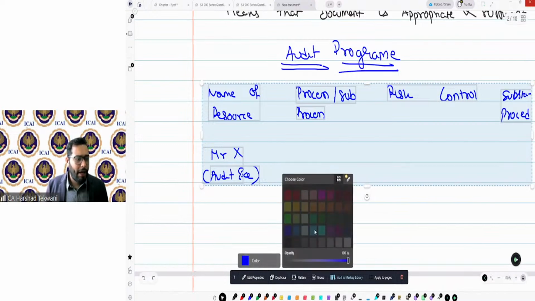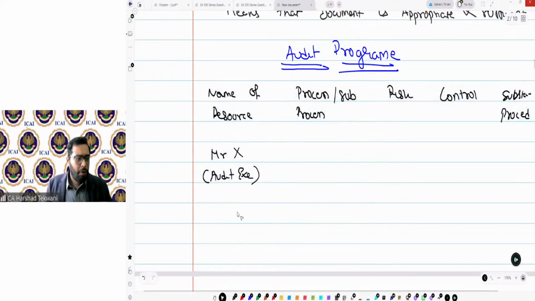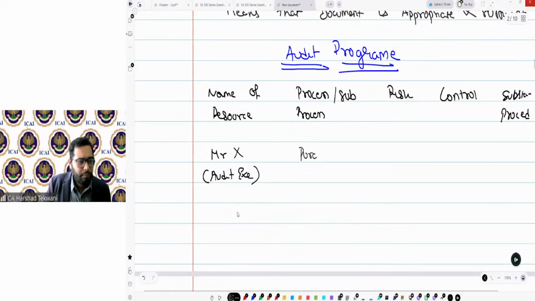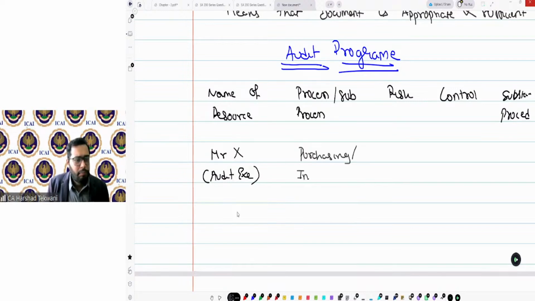I allocated him the purchasing. Now, he will look after purchasing, which is a process. In purchasing, he will look after invoicing.